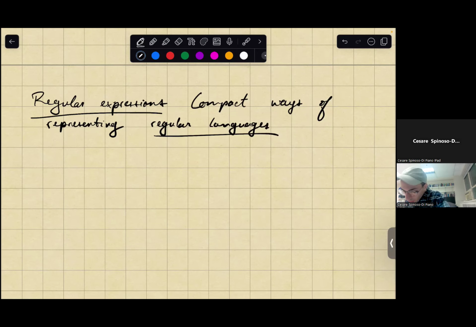But what's an example of a compact representation of a regular language? Let's start with a classic one. Let's take R is (0 plus 1) whole star, concat 1, concat 1, concat 0, concat (0 plus 1) whole star.